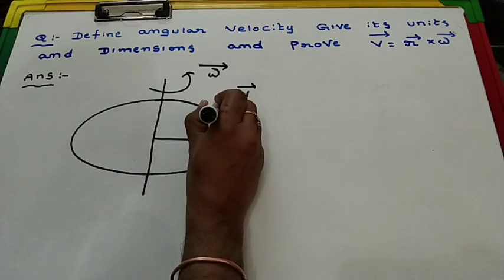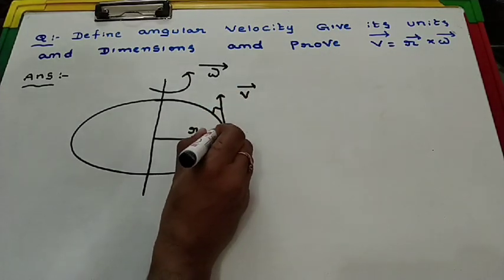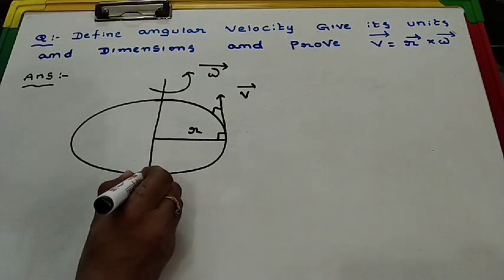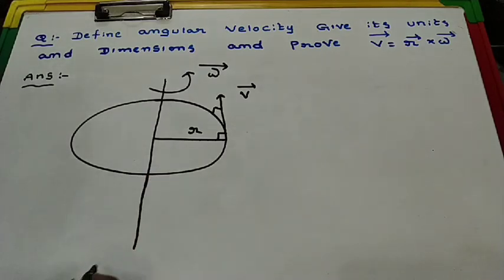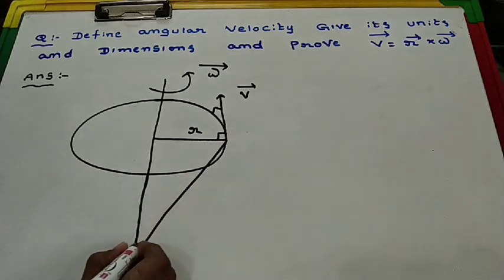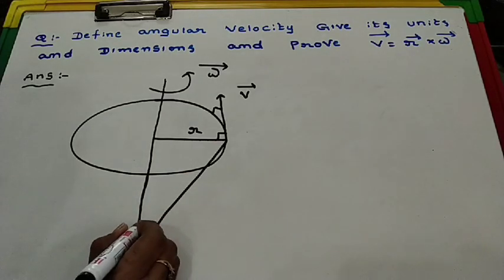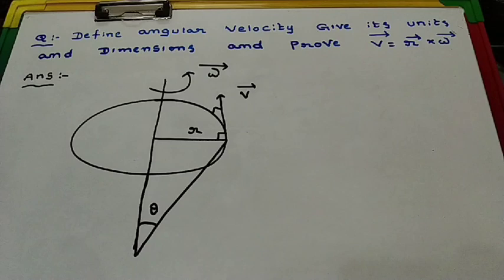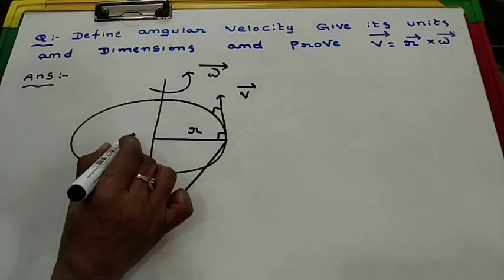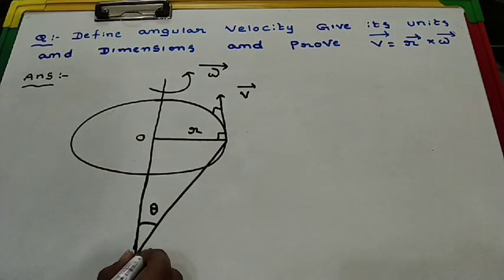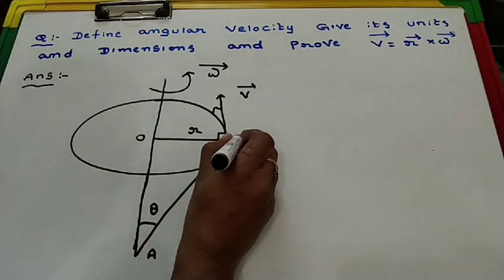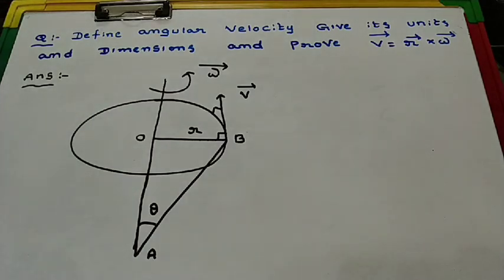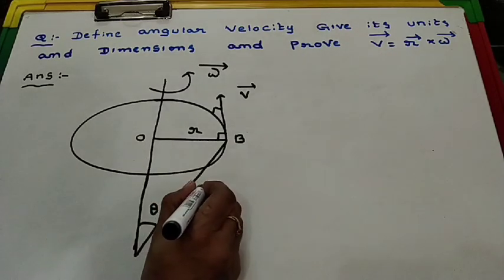The angle between them is 90. Here also the angle between them is 90. Now take here, this is angle theta. Consider this is a point O. This is point A. This is point B. This is R.